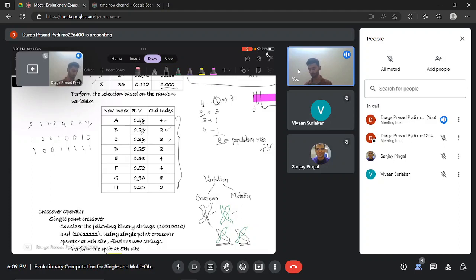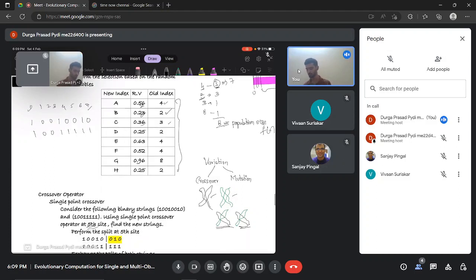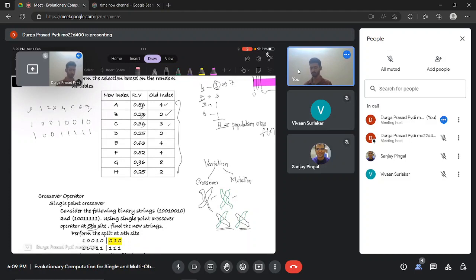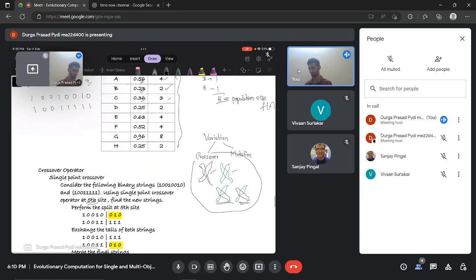Here, if I got a number like 5, I choose my number as 5, so I split at location 5. Then crossover is essentially exchanging, as you see in this figure, the red with blue, or red with black. It's the same thing here: we exchange both of them. So the yellow string on the top comes to the bottom, and the bottom one goes to the top.